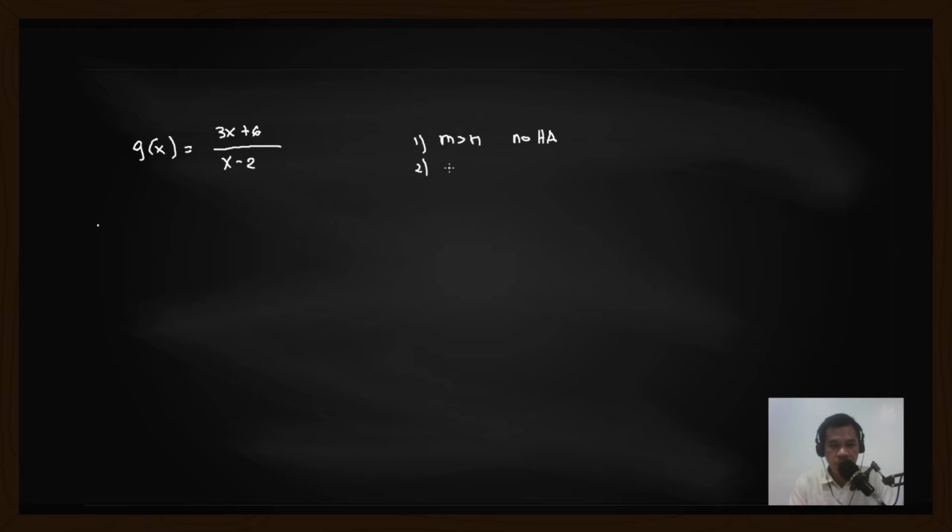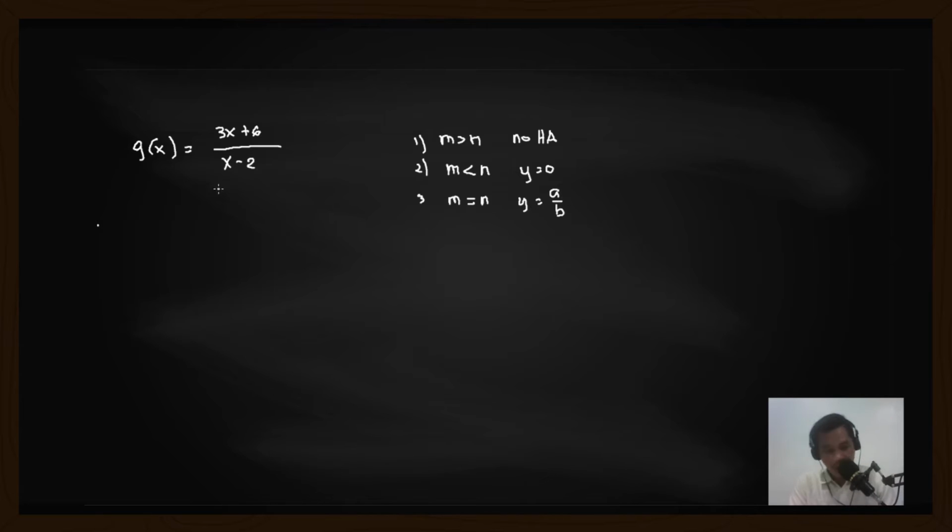Next, number 2, if m is less than n, then our horizontal asymptote is at y is equal to 0. Next, number 3, if m is equal to n, then our horizontal asymptote is equal to a over b. So we divide the leading coefficient of the numerator by the leading coefficient in the denominator with the highest degree of exponent.